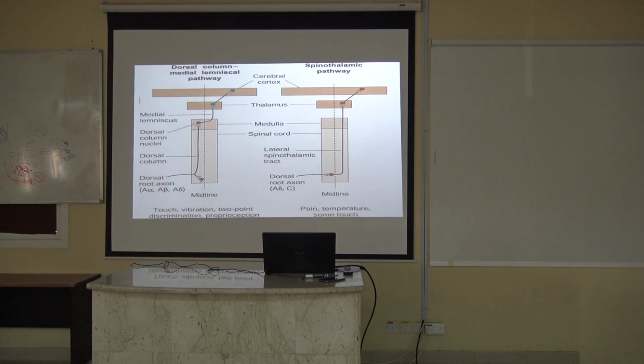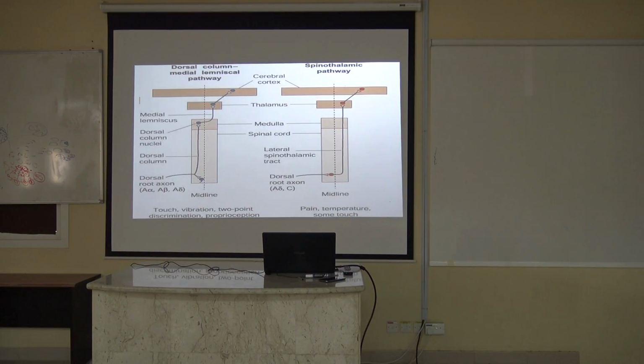Interscapular region, you know. This part has the least number of receptors in the skin for touch. It means localization is bad here. Bad in the sense, in fingers, you have only 2 millimeters distance and you can feel the 2 points, isn't it? Here, you need to be about 60 millimeters away.